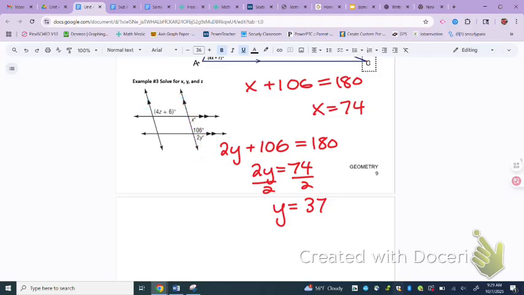Now, because we have two sets of parallel lines here, we've got two transversals, we've got some corresponding relationships here. Because of all of this, this means 106 and 4z plus 6, these are corresponding. They're corresponding, so we're going to say 4z plus 6 equals 106, and we're going to solve for z from there.